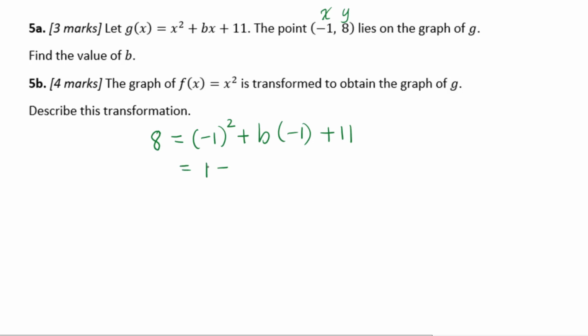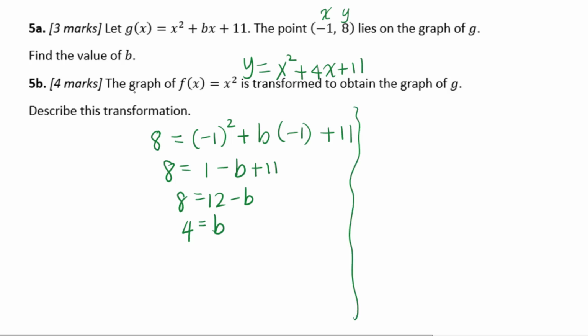Simplify: 1 minus b plus 11. 8 equals 12 minus b. So b equals 4. We will get a function y equals x squared plus 4x plus 11.